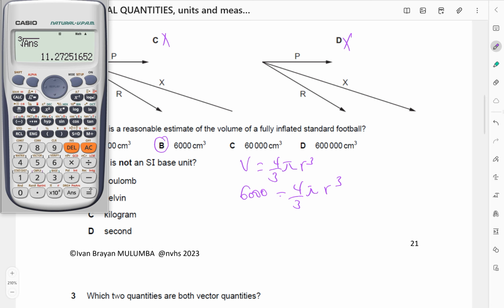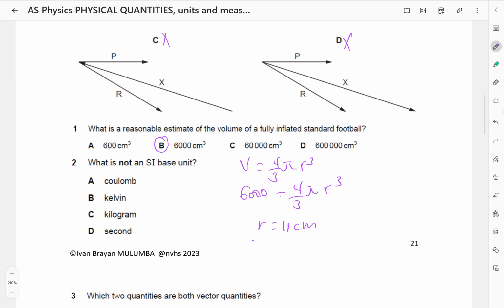So this is giving me r as 11 point something, approximately 11 centimeters as the radius. This makes sense for the radius of a ball to be 11 centimeters. When I use this one, the radius is going to be very small. When I use this one, it will be very big. So the answer is going to be B.